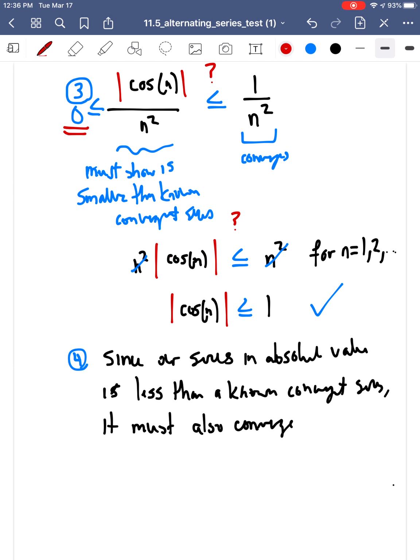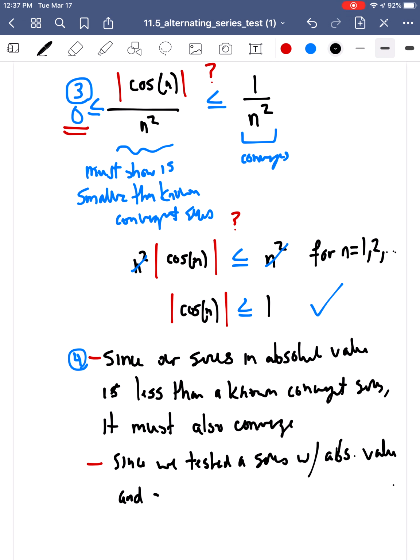But remember, that's not all. Since we threw on those absolute values, since we tested a series with absolute values and we saw it converges, that series is absolutely convergent. So our original series is absolutely convergent.